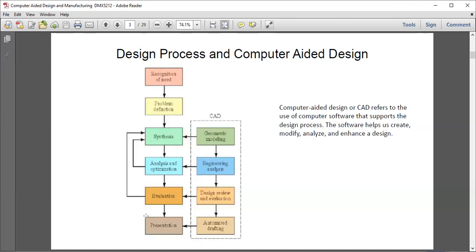So here is the final engineering drawing you get with the dimensions. This part is done by computer. So this is the computer design process. Just remember how the traditional design process can be improved by computers.